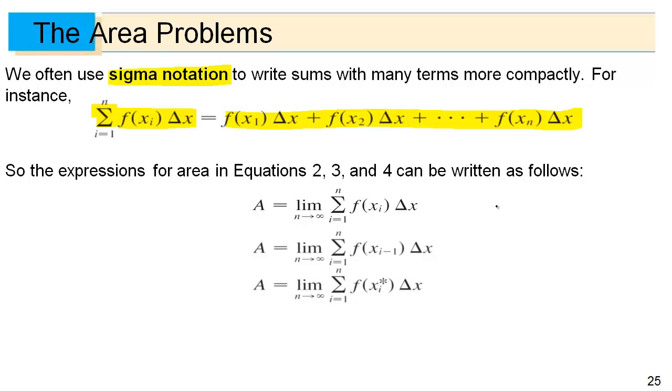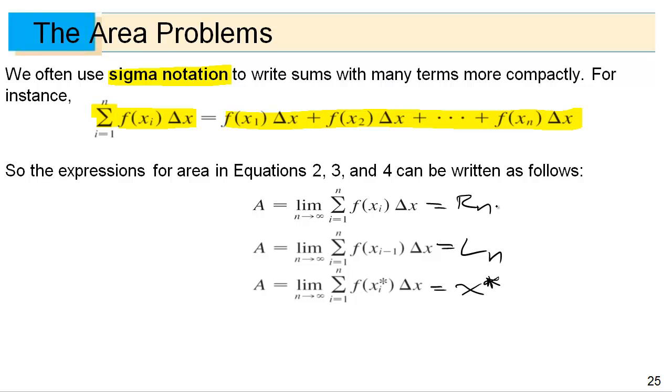And you'll notice that this here was our right hand sum, this was our left hand sum, and this was, I forget what we called it, just the x asterisk sum. So here we do x sub i and we let i go from 1 to n.